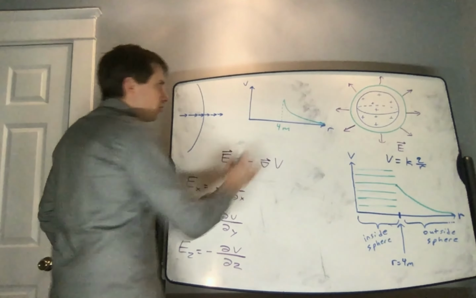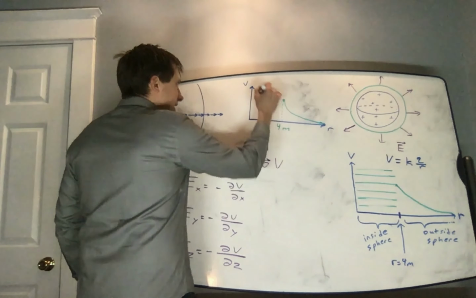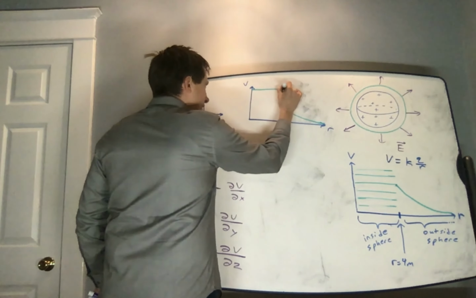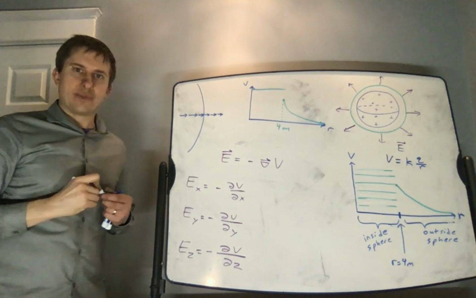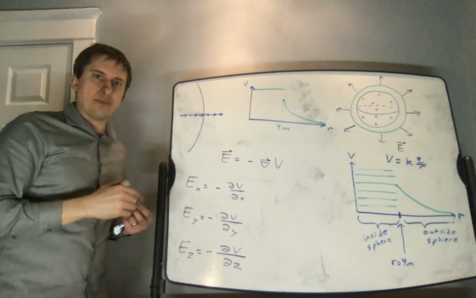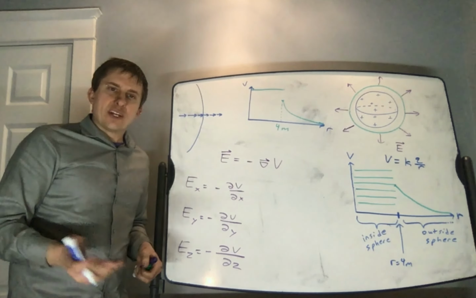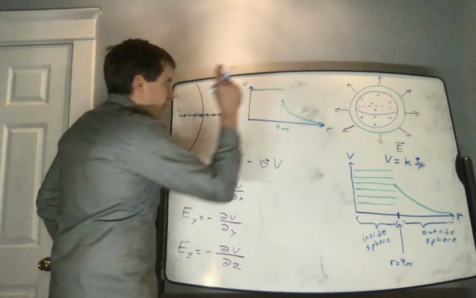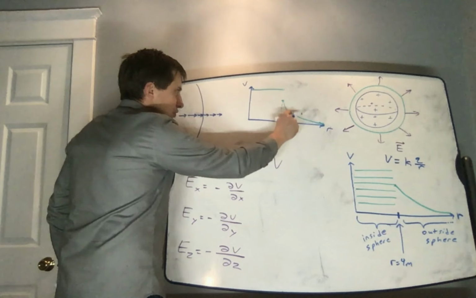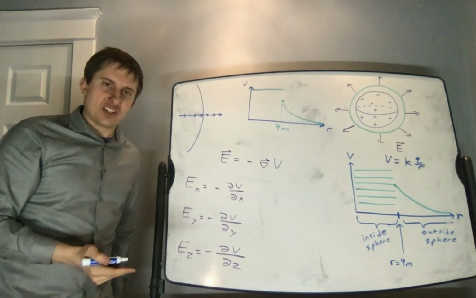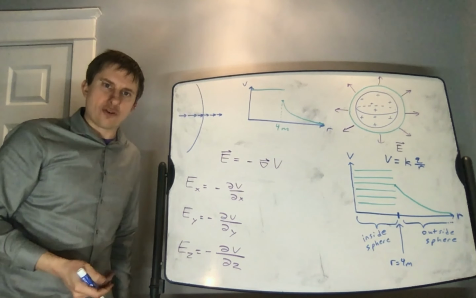And let us suppose that the electric potential has this value inside the sphere. Let's think about what this would really imply. Notice that there is a discontinuity in the value of the electric potential between the inside and the outside of the sphere. This is going to be very important.